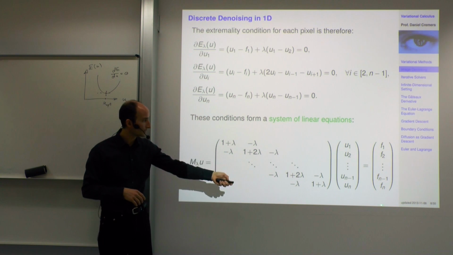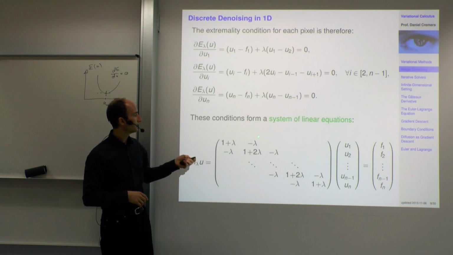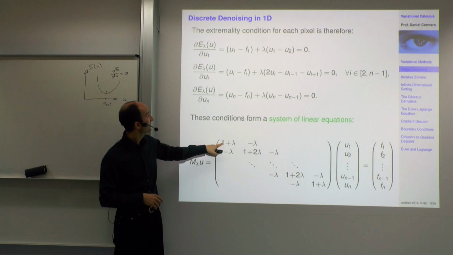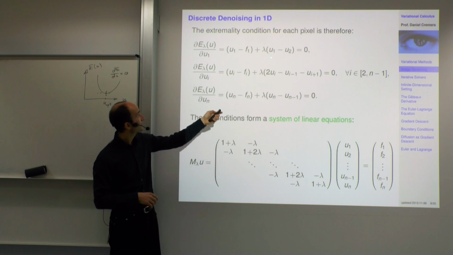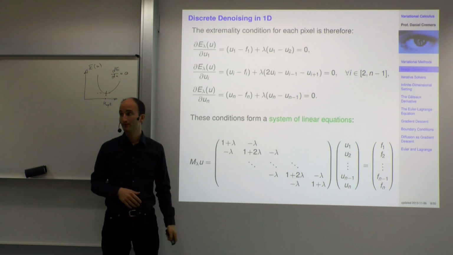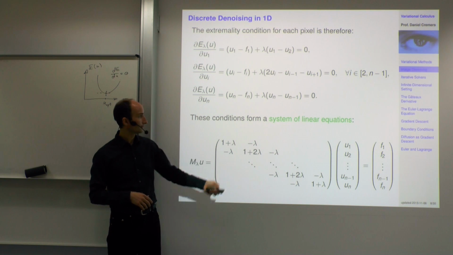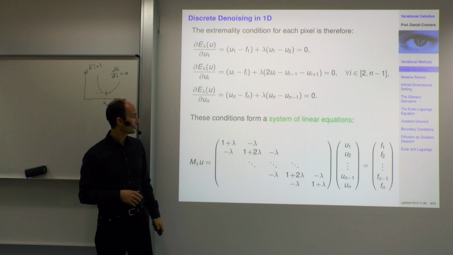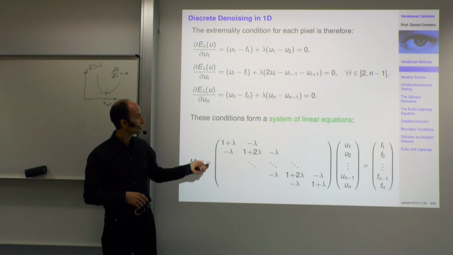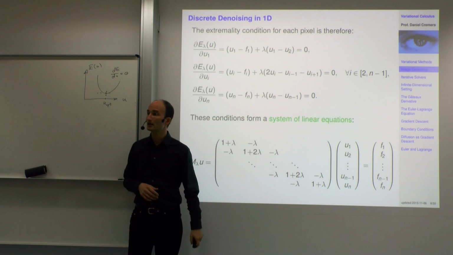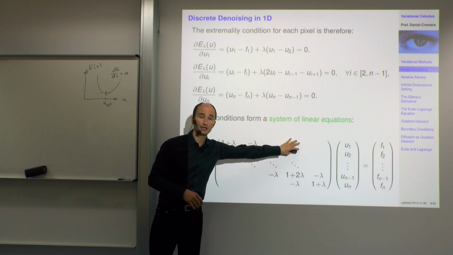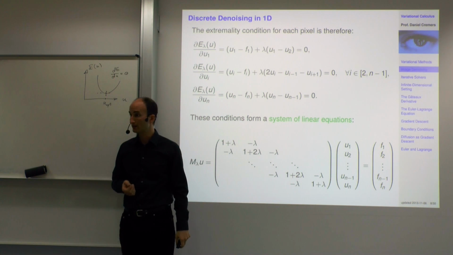You can check the first equation, for example: u1 plus lambda times (u1 minus u2) equals f1. And similarly for the second equation you get this, so you get a matrix here. What I didn't write here is actually 0. This is a convention: if there's nothing shown, it basically means it's 0.